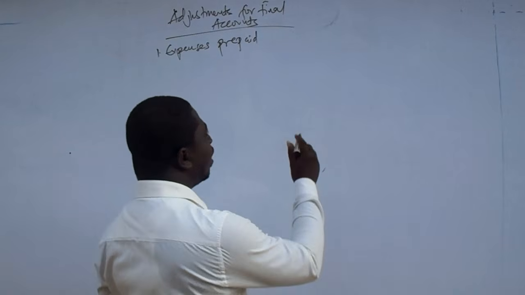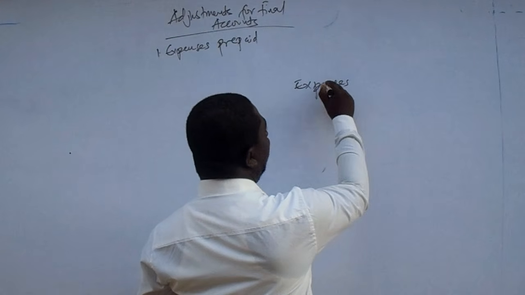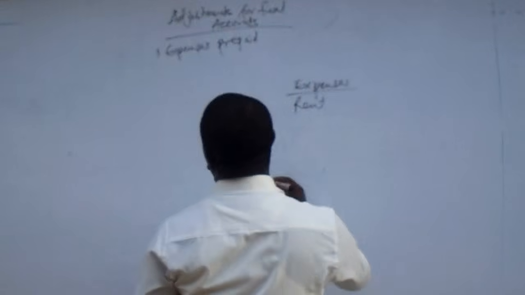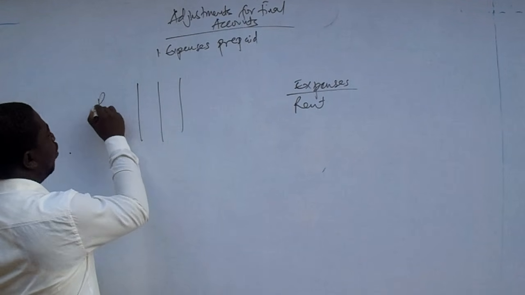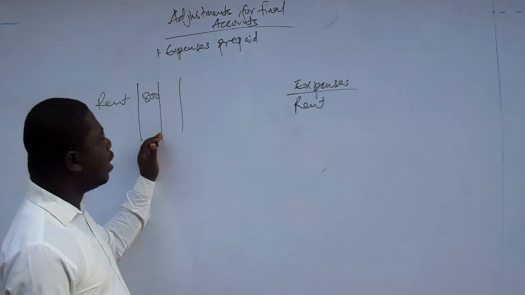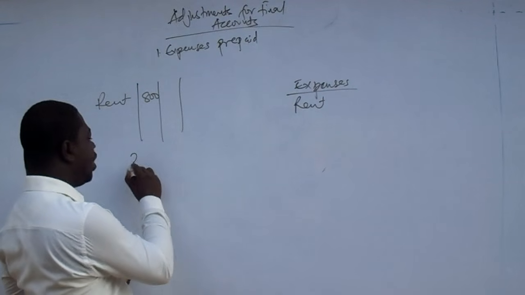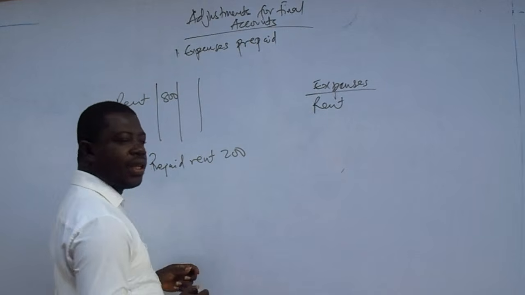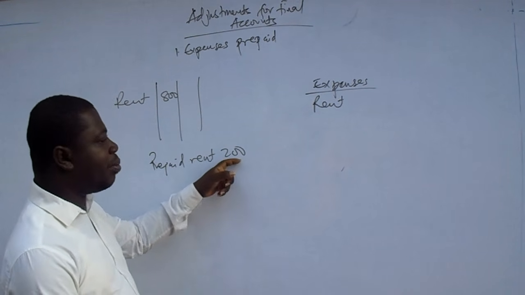And so when we get to the expenses portion of the income statement, let's assume that we had rent of 800 on the trial balance, and we are told that we have prepaid rent by 200.